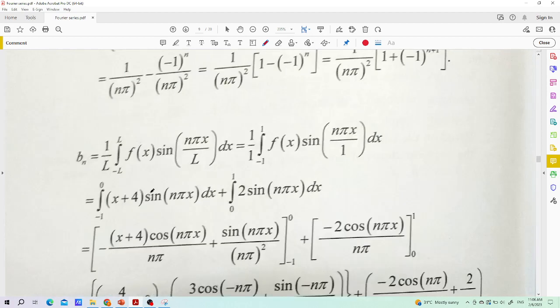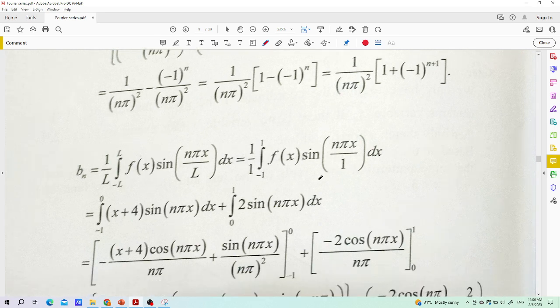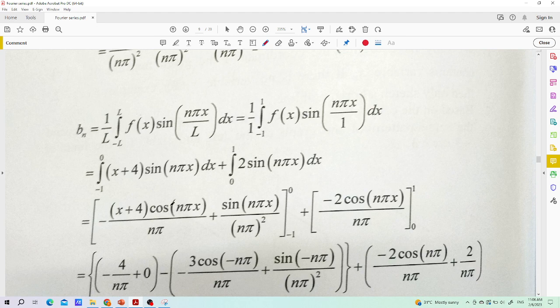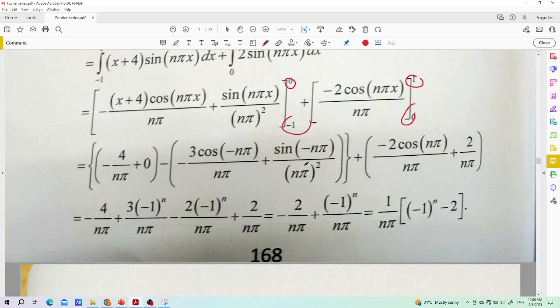Okay, so now we go to the b n. Bn, we use this formula. And then we have the difference, also a similar thing, you need to integrate, and then you get the function after integration, and then the finite numbers here. Then put the numbers inside here, and after that you can get this value. Okay, this you can simplify, become this.